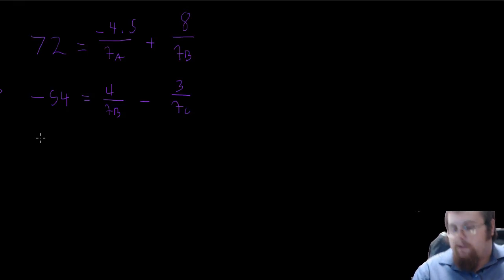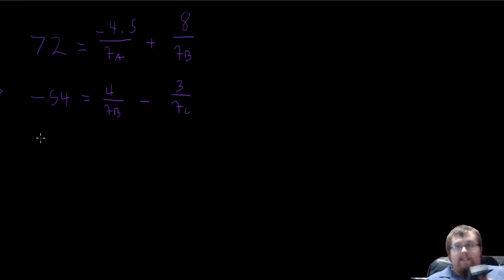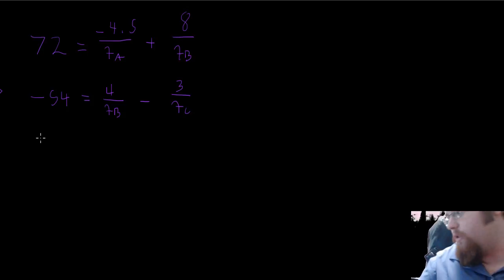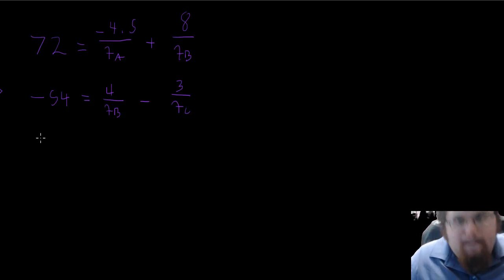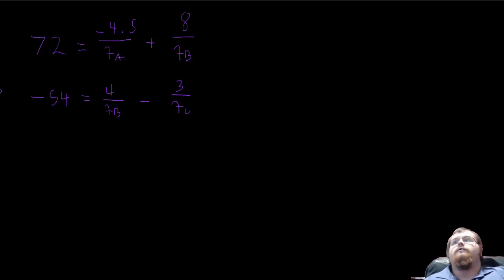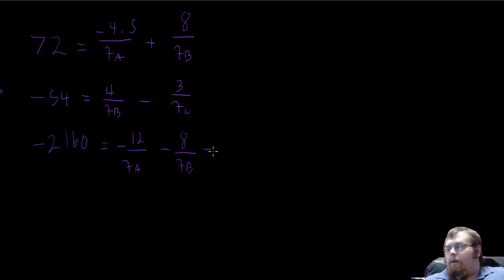Some of the math I did earlier, I wasn't paying attention and copied the same number when I wasn't supposed to, but we have 360 times 6, which is going to give us a negative 2,160. That's a large number. So negative 2,160, that's going to be equal to a negative 12 TA minus 8 TB minus 4 TC.